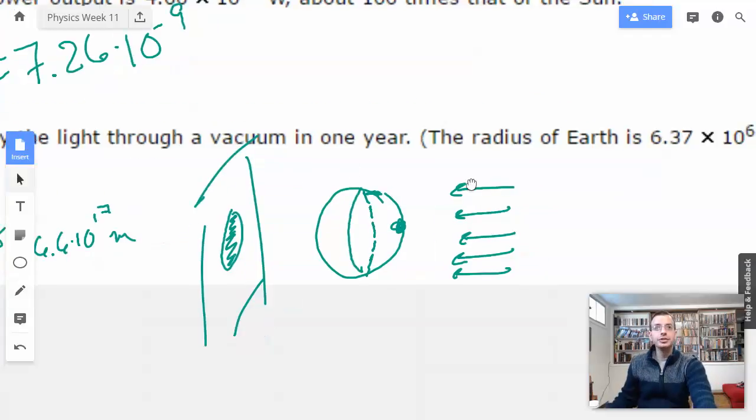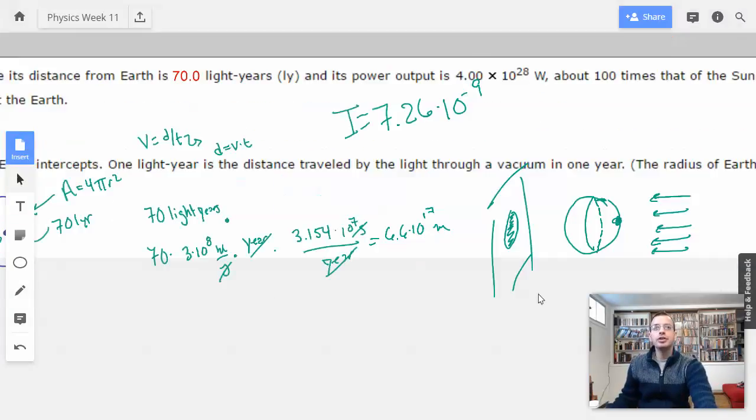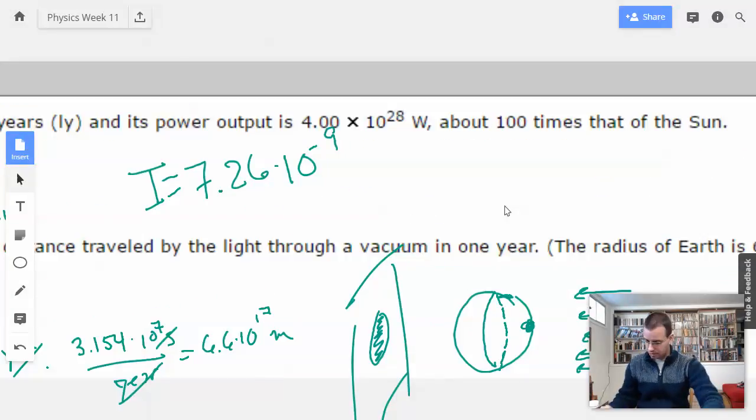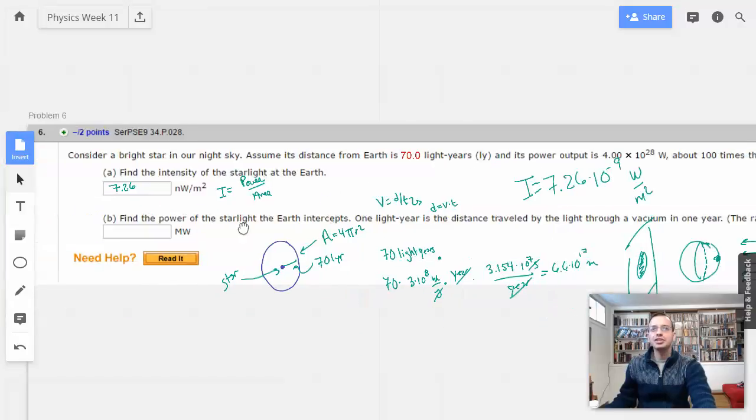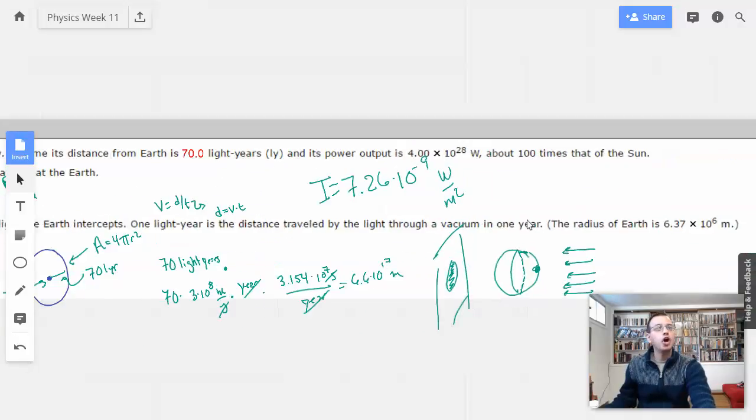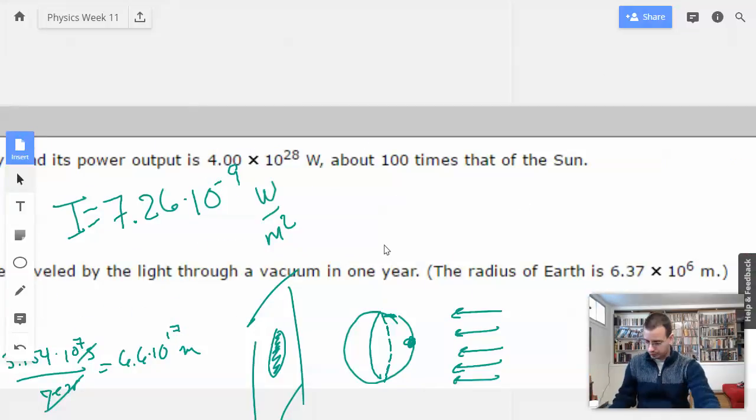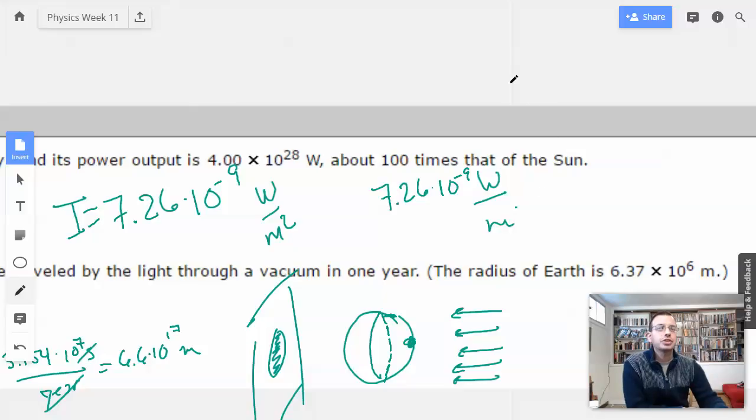All right. So we have our 7.26 times 10 to the negative 9th. This will be watts per square meter. And we want to find out how many watts we get. Find the power. Yep, watts. So we're going to take 7.26 times 10 to the negative 9th watts per square meter times pi r squared.